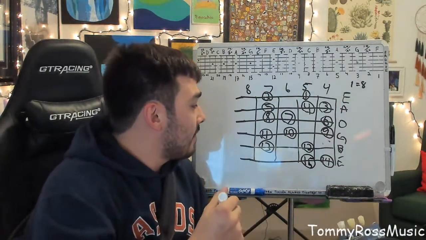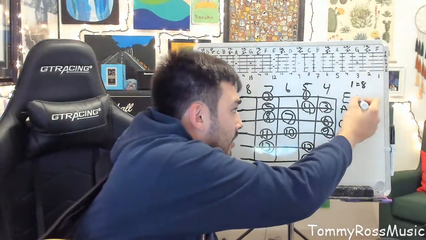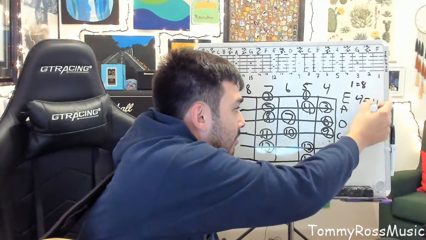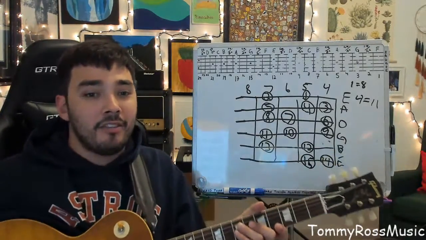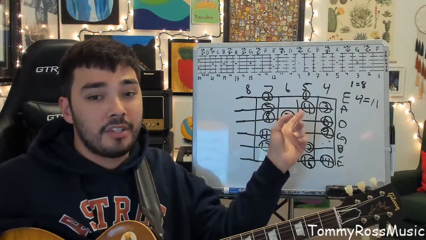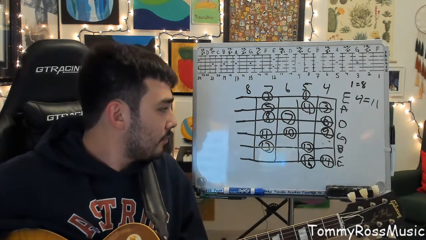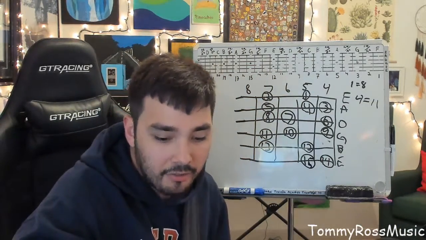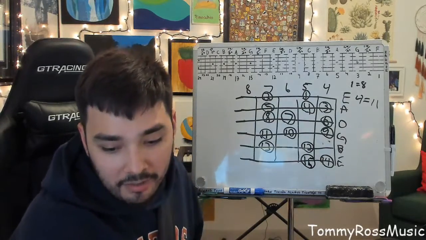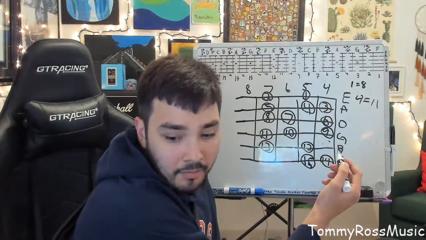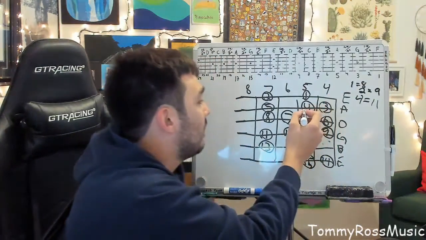If you notice, an octave away from the 4 is 11. So when they say sus 11 or add 11, they're basically just telling you to add the 4th note in the scale with the 2nd octave of it. Okay? Let's look at a different one. So that's the major scale, right? So 4 equals 11, and 2 equals 9.